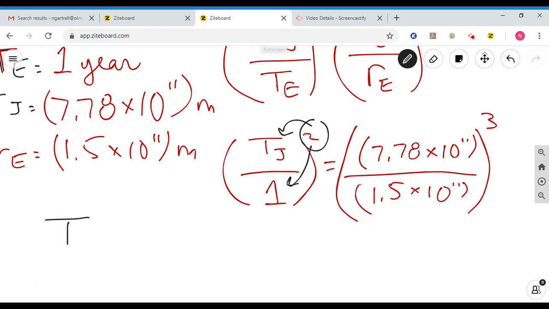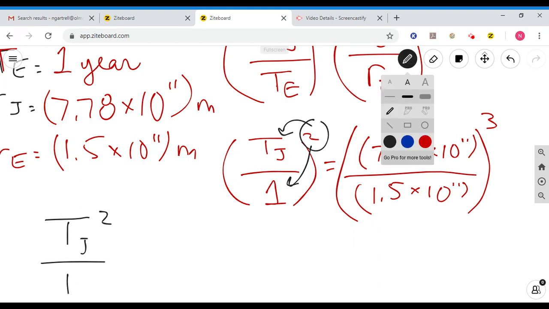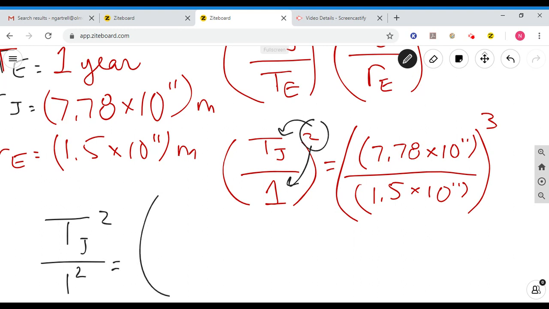So I just have t sub j squared over, well, what's 1 squared? 1 squared is 1, and any number divided by 1 is itself. So we can just get rid of it. If you need to see it, go ahead and write it. So I'll write it for those of you that need to see it. But you can just get rid of it. 1 squared is 1. You don't have to do anything with it. And that equals this whole mess.